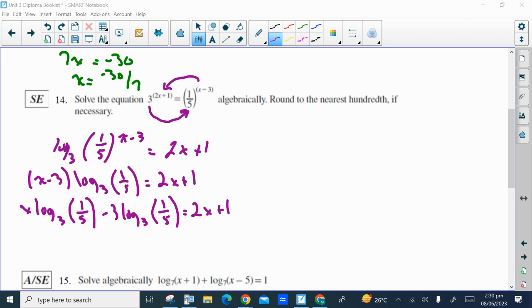You want to collect the terms with x together on one side, which means I'll subtract the 2x from both sides.